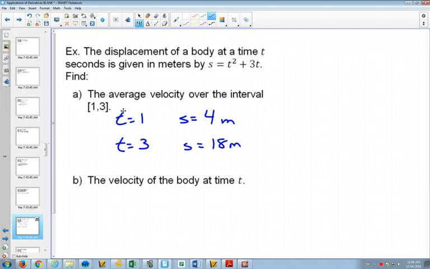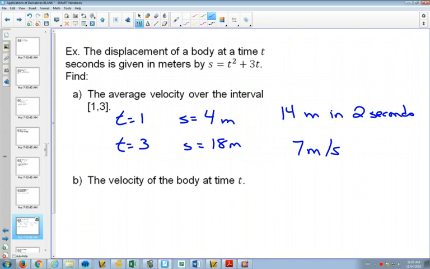So does it make sense that I have gone 14 meters in 2 seconds? As far as an average velocity, I am traveling an average of 7 meters per second over that time. If I've traveled 14 meters in 2 seconds, then my average speed over that time would be 7 meters per second.